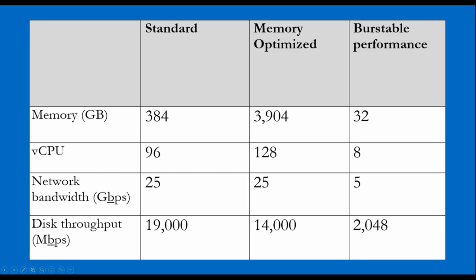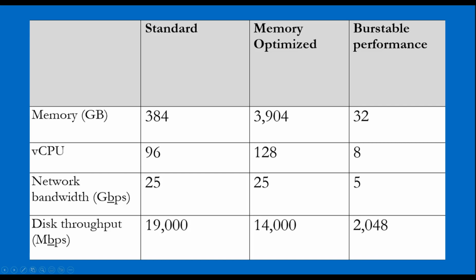The latest burstable performance instance class available is db.t3, and that gives you up to 32 gig of memory. So standard had 384 gig of memory as a comparison, and then for memory optimized we of course went to over 3,000 gig.